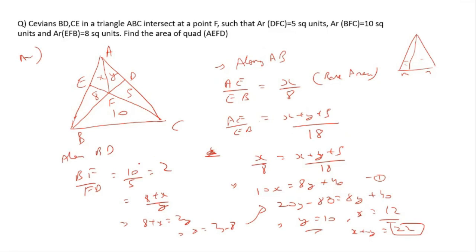There are also concepts around mass point geometry that will help us figure this out, but no need to get into this. Just remember that the ratio of area will be the same as the ratio of base in adjoining triangles. So whenever you see this figure, you will be immediately reminded of this.